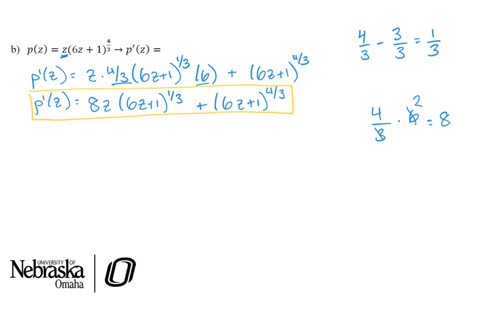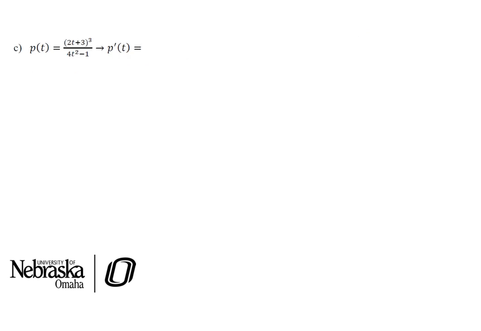All right. Now the third problem. Now we have a quotient, so there's plenty of algebra in this problem. So our quotient rule, if we go back to that: numerator, so 4t squared minus 1 denominator times the derivative of the numerator. Notice in the numerator we have a chain rule, so we have (2t plus 3) to the 3rd power.